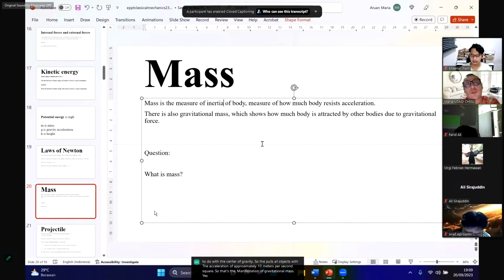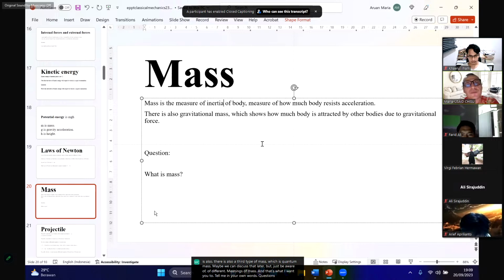So there are at least two interpretations of mass: inertial from the second law of Newton and gravitational from the gravity law of Newton. We will talk about that a little bit later. There is also a third type of mass, which is quantum mass. Maybe we can discuss that later, but just be aware of the different meanings of mass, and that's what I want you to tell me in your own words.